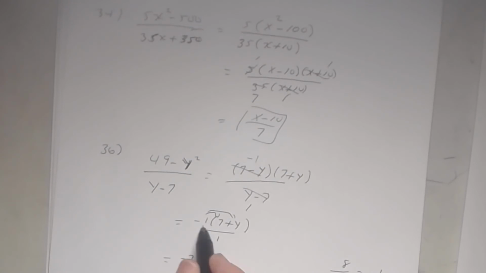Negative 7. Negative 1 times y, negative y, over 1, and anything divided by 1 is itself. So the answer is negative 7 minus y, or in descending order, negative y minus 7.